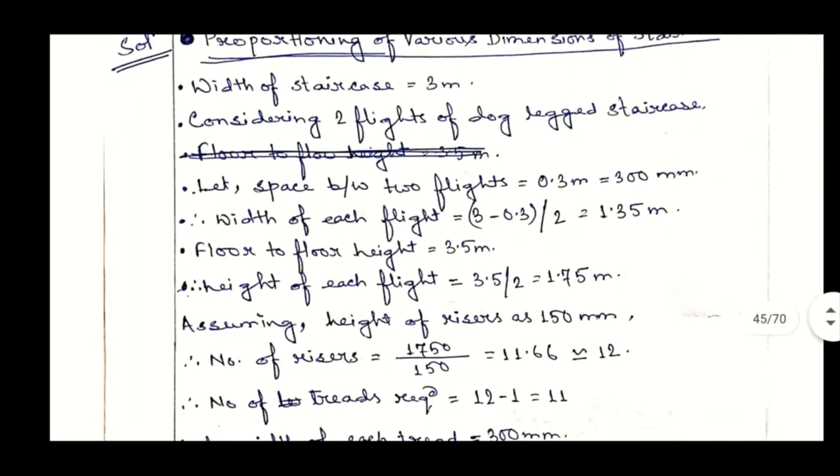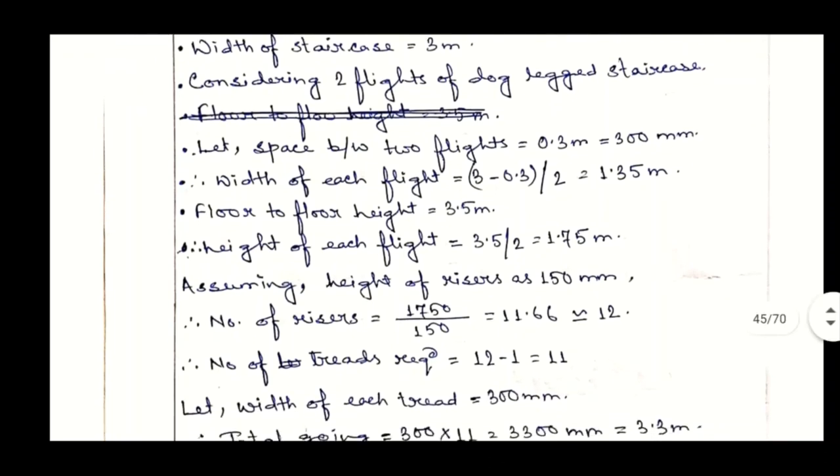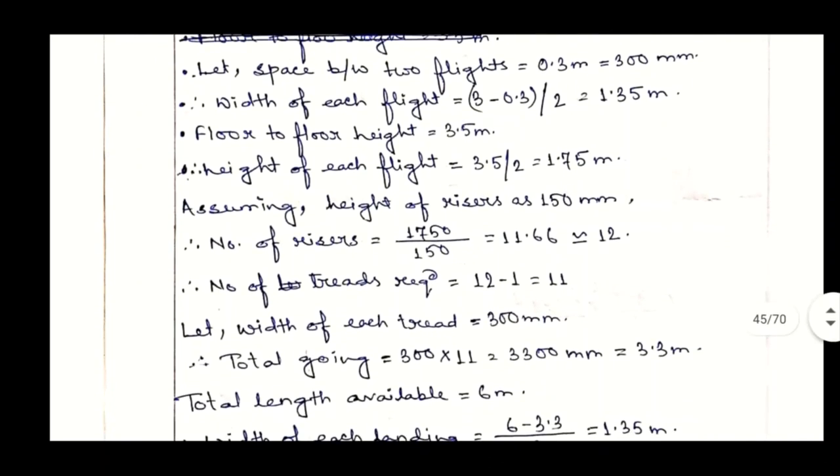So from the geometry of the staircase, we know the treads required will be just one less than the risers. So the number of treads required is equal to 12 minus 1, that is 11, because the last tread will be the landing. Okay, so let the width of each tread be 300 mm.